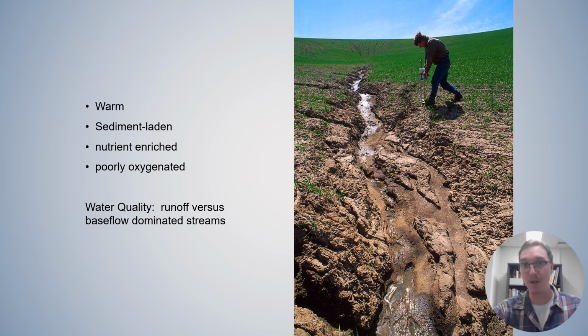There's a lot more organic material, so it's more nutrient enriched. And it's poorly oxygenated because it's going to be warmer. There's less oxygen available within that system, and more things are consuming that oxygen. So from a water quality perspective, runoff dominated systems are going to be much lower water quality than base flow dominated systems, because the base flow dominated stuff is basically filtered out by our groundwater or by our subsurface.